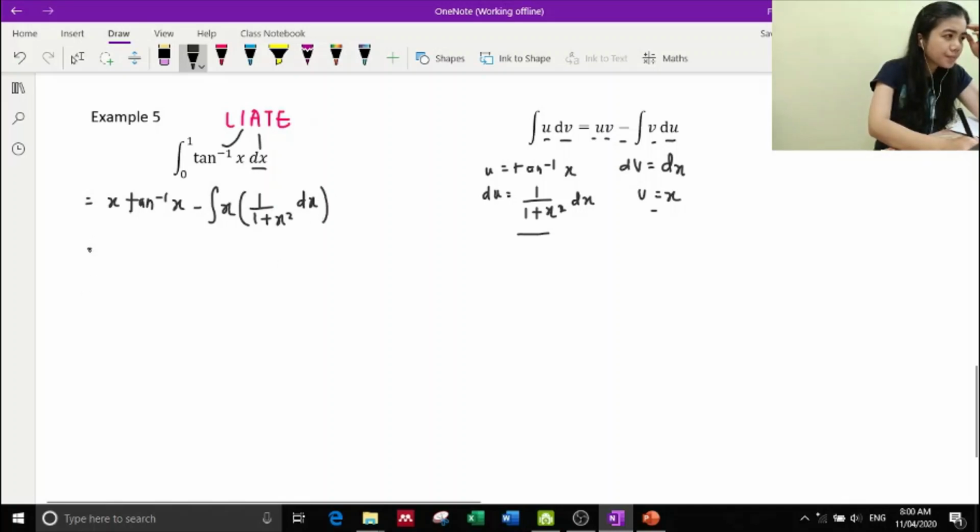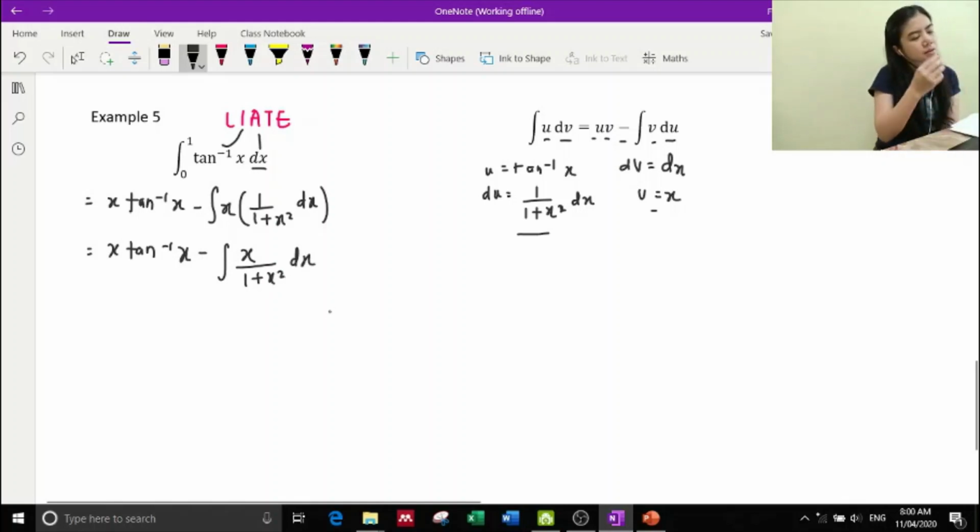So how are we going to solve this one? Before we solve this one, let's simplify it first. So then we will have this. What you see here is you can solve it by using one formula.